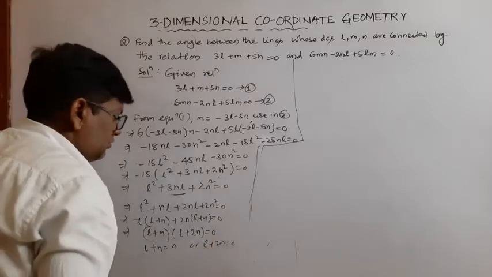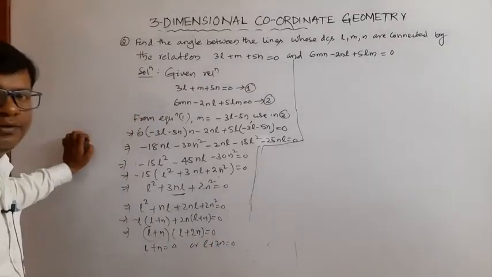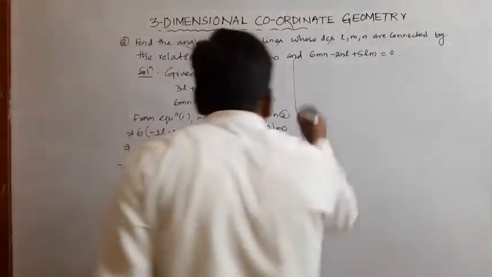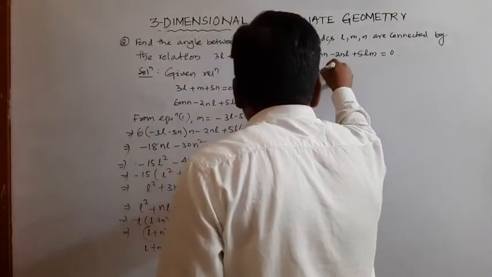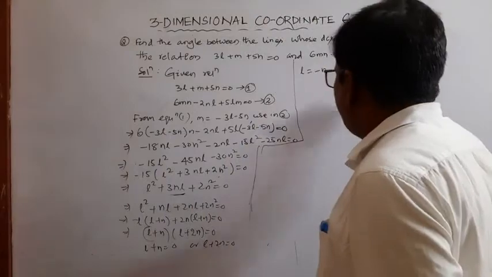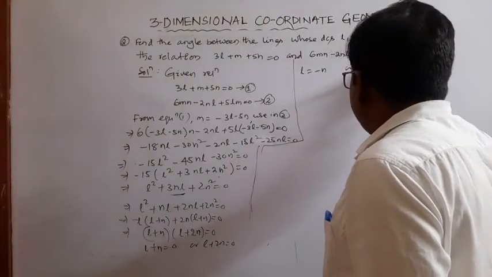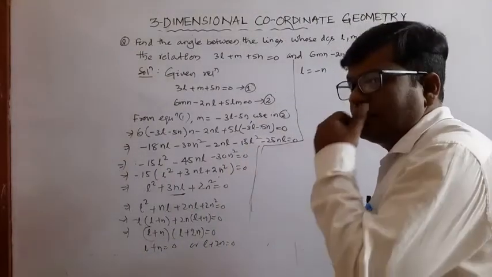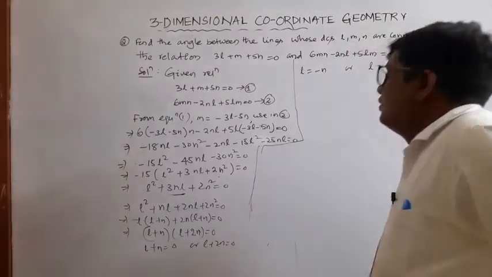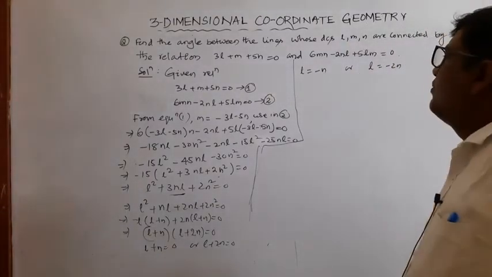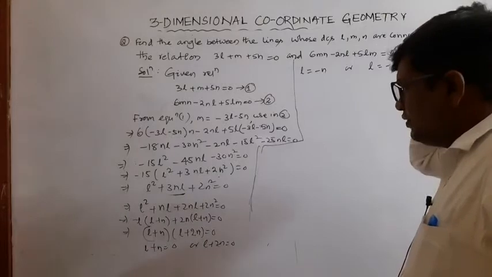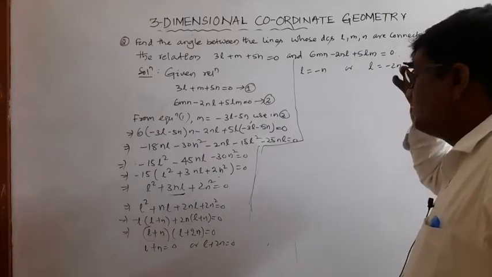So one is L equal to minus N, or L equal to minus 2N. Now convert this into single form. L is equal to minus N.